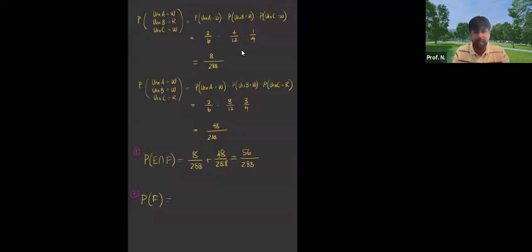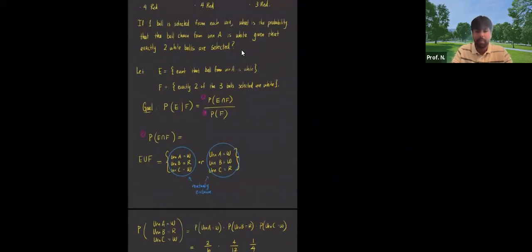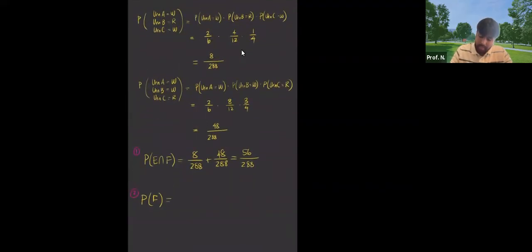But again, what is F? So see, you have to not only define your sets clearly using words, you also have to identify what the set is in the context of my problem. So F is what? Exactly 2 of 3 balls are white. So what does that mean? That means that urn A is white, urn B is white, and urn C is red.